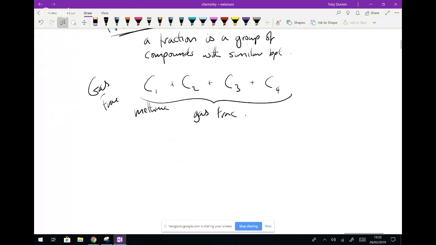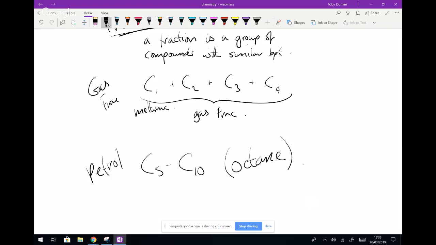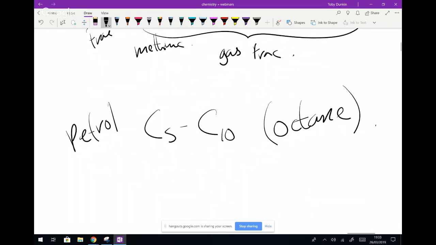Whereas the petrol fraction contains C5 to about C10. C10 is fairly common, commonly referred to, by the way, as octane. And this question has been asked, why would you call the petrol fraction octane when it contains all 5 of these compounds?